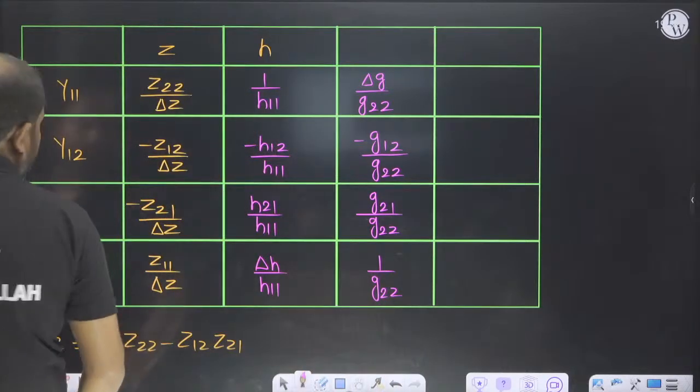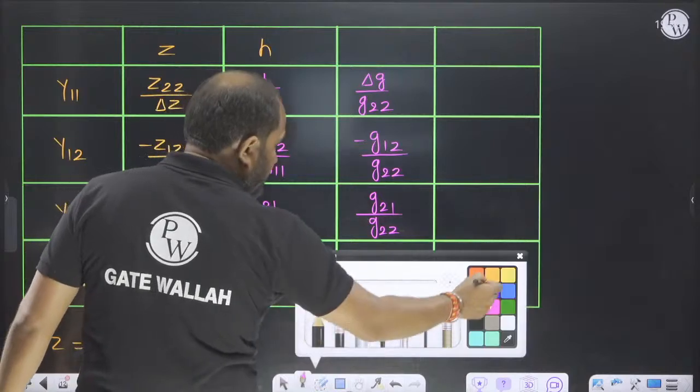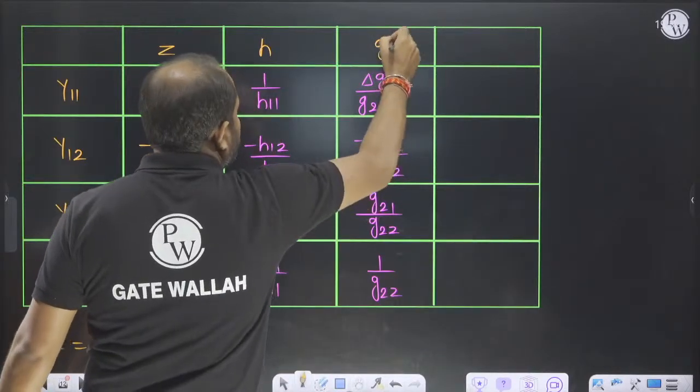So this is the result in terms of G parameters.